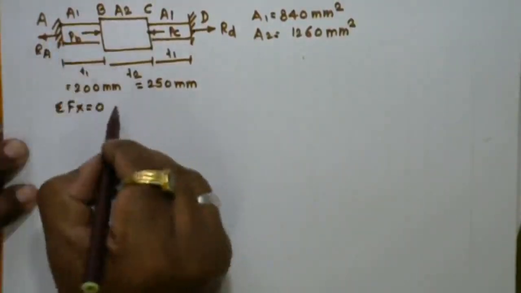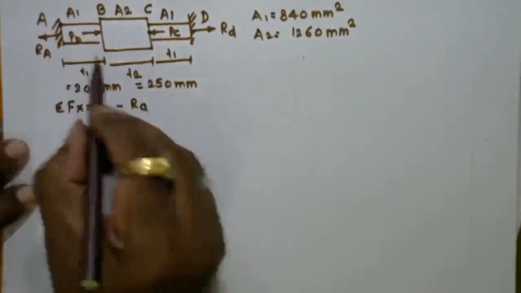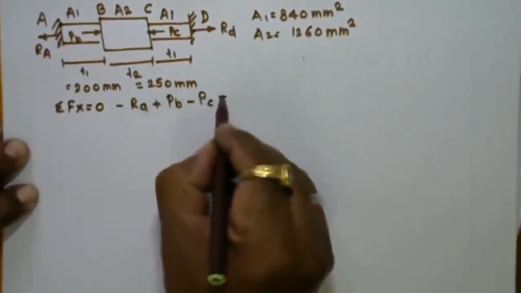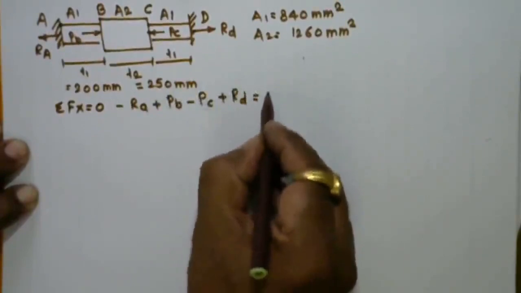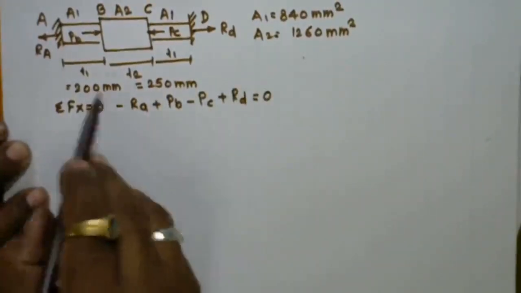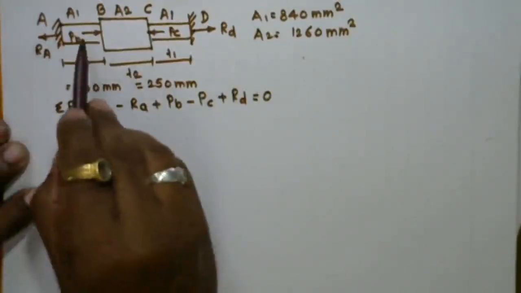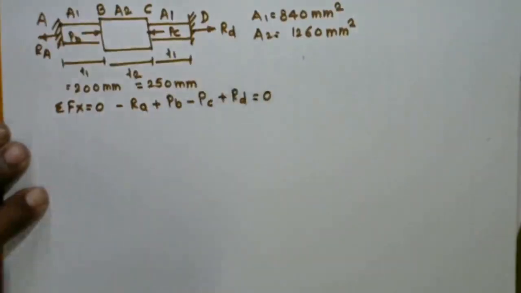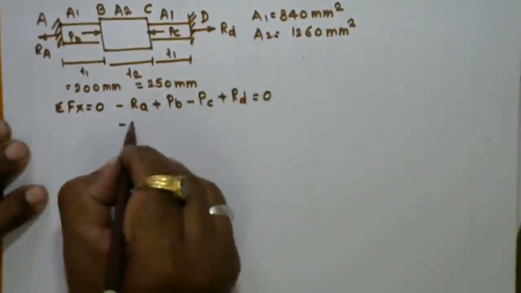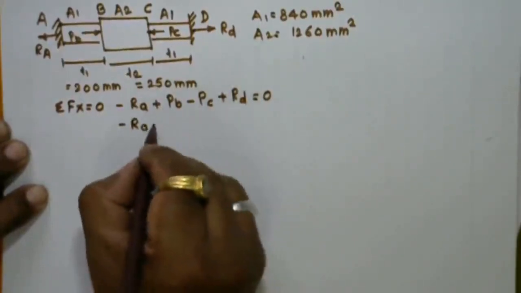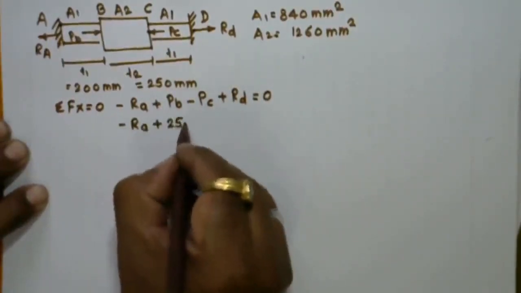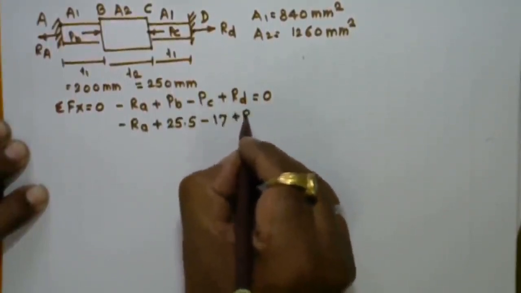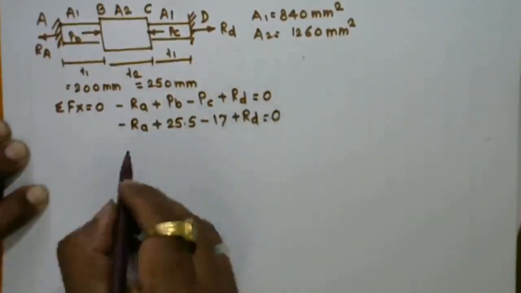So you may say here minus RA plus PB minus PC plus RD is equal to 0. RA is going in the leftward side, whereas PB is right hand side, PC leftward side, and RD right hand side. So here we put minus RA plus, what is the value of PB, 25.5, minus PC 17, plus RD is equal to 0.